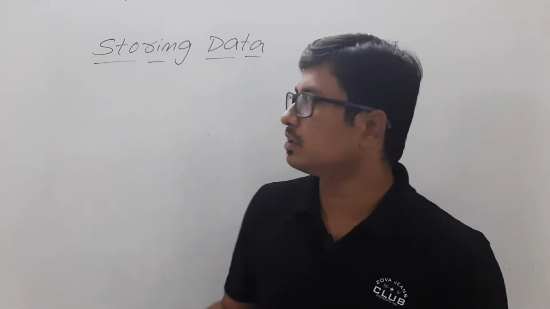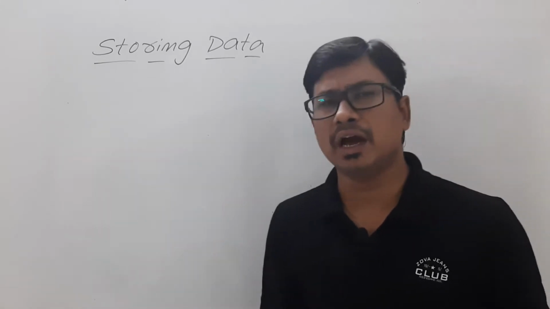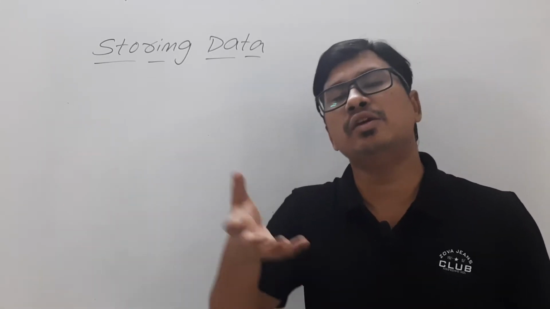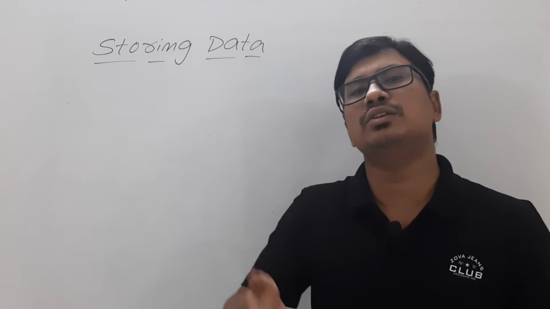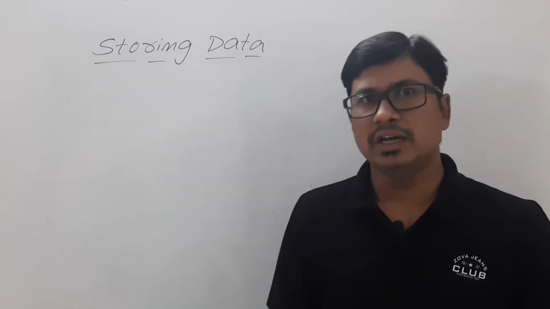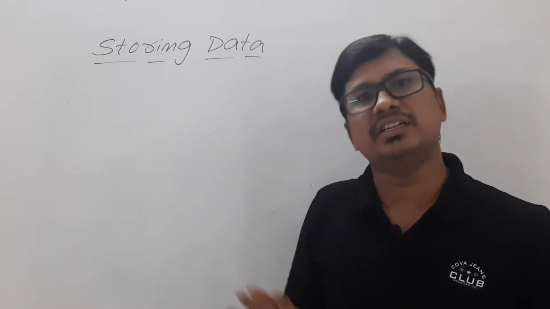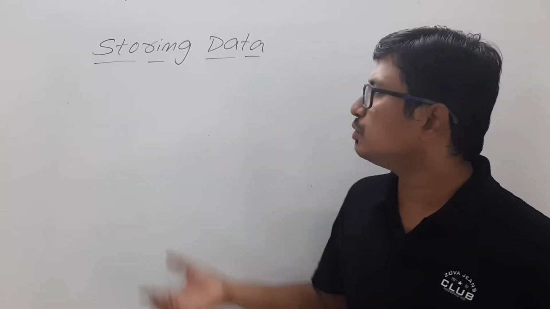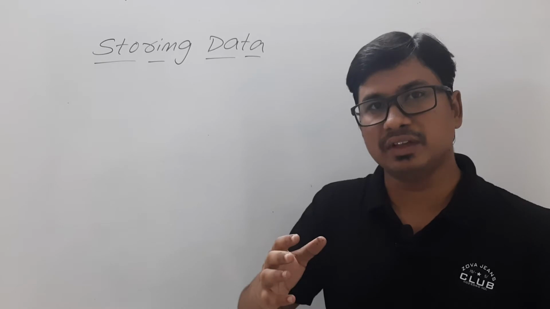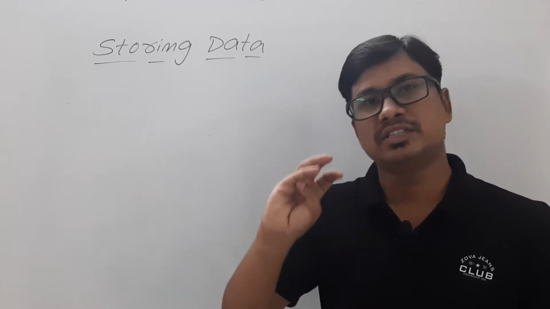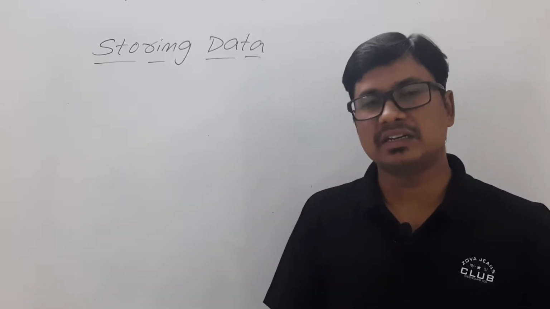Now coming to the storing of data, what kind of data do we have? Let's take any organization, say an educational institute. A lot of students, faculty and staff will be there. Now you are storing the personal information of the students, staff and faculty. Is it clear?